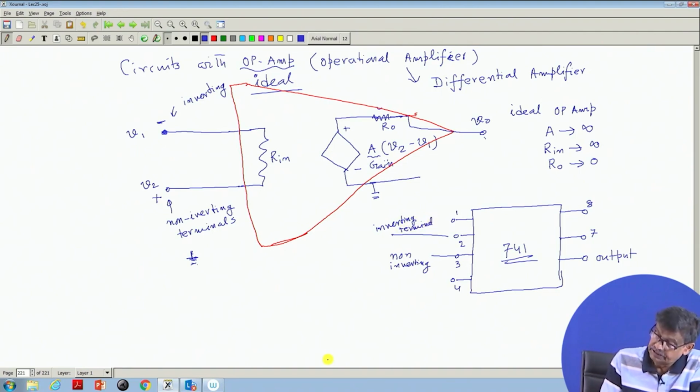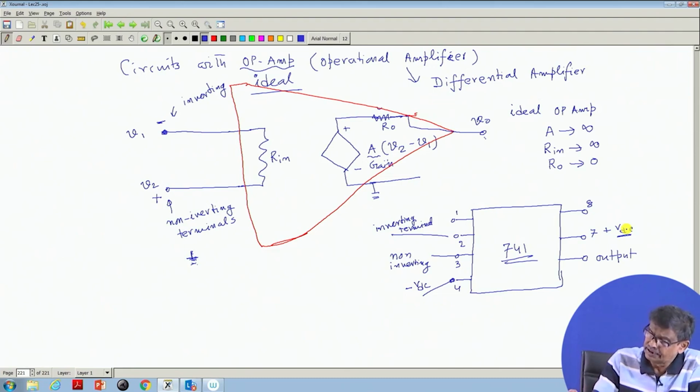Apart from this, there are 2 terminals for connecting the supply: here you connect minus VDC, since some battery connection is necessary for this chip to work, and 7 is plus VDC. Okay.